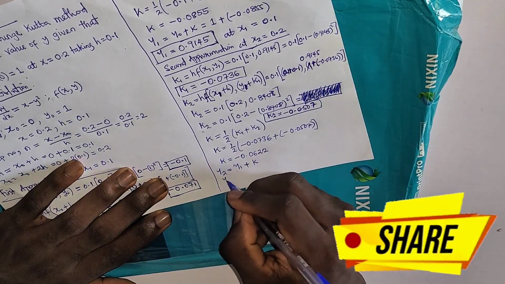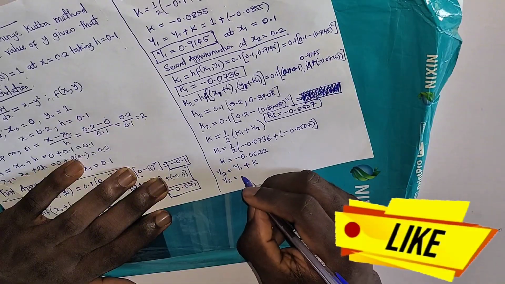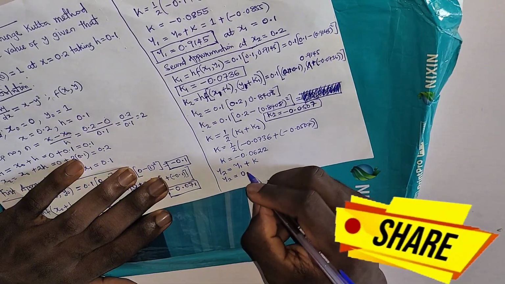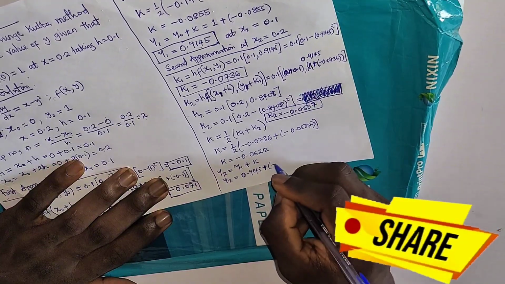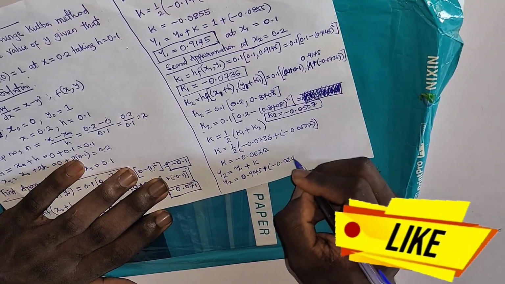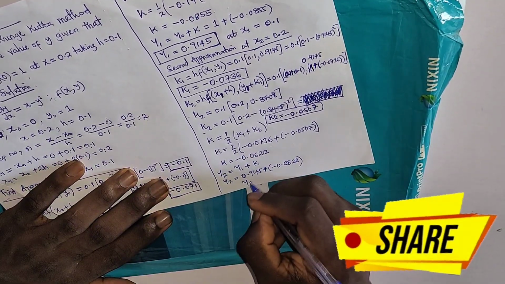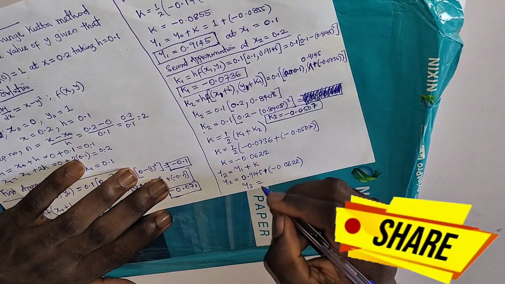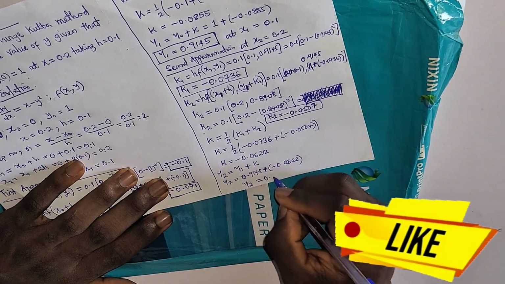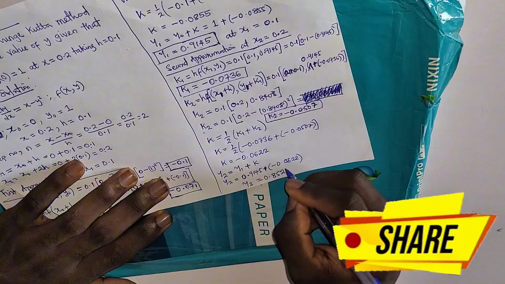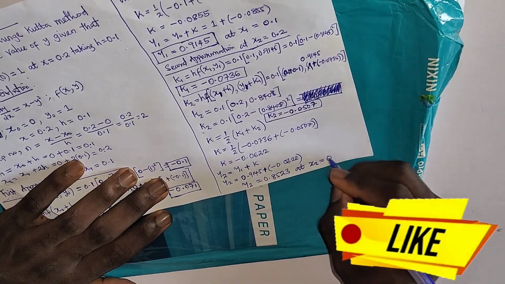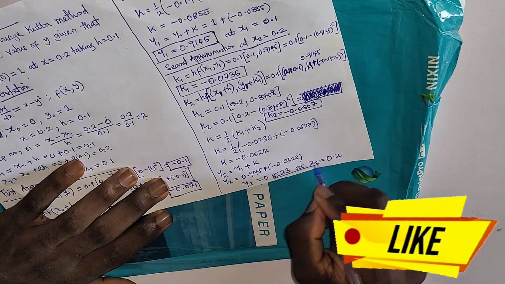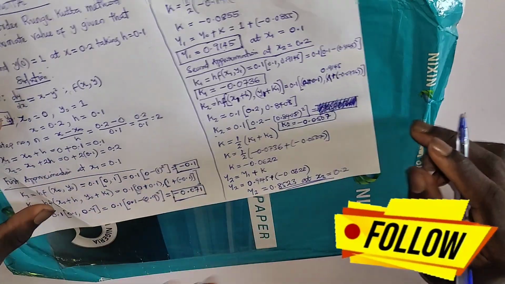So your Y2 is 0.9145 plus negative 0.0622. So your Y2 is given as 0.8523 at x2 equal to 0.2. So this is our final answer.